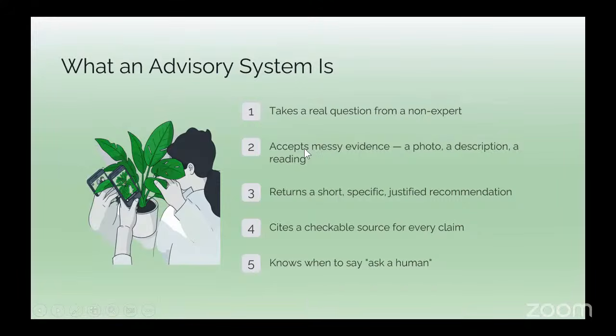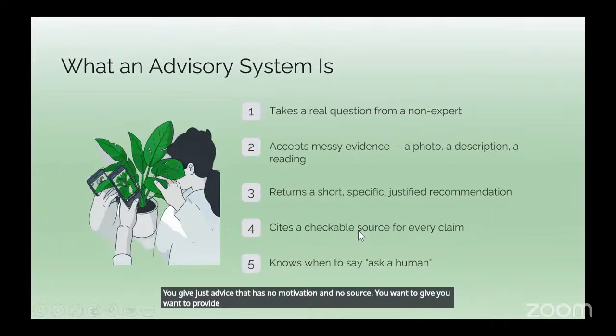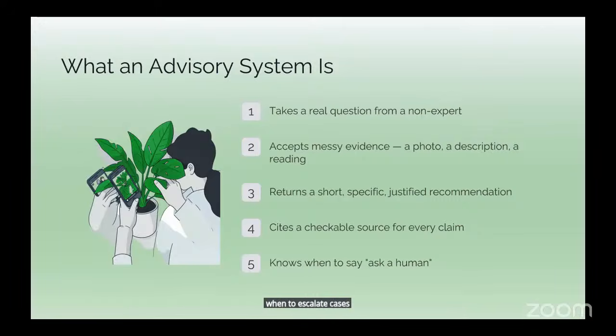Then the advisory system should return a specific recommendation and also identify the reasoning. You don't want to give just advice that has no motivation and no source. You want to provide a source for every claim, and you also need to tell the person when they should ask a human being. So the advisory system should know when to escalate cases to a higher level.